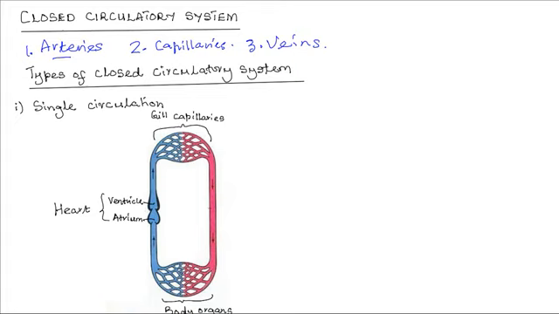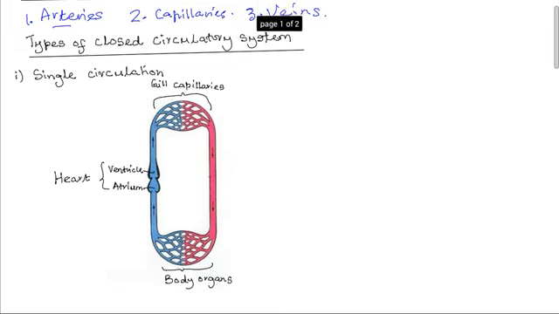Now, there are two types of closed circulatory systems. These are namely single circulation and double circulation.